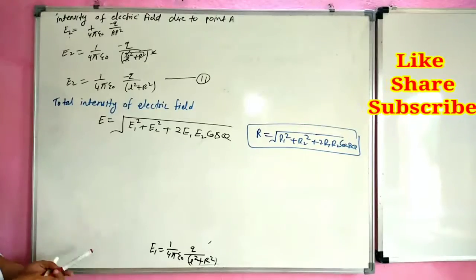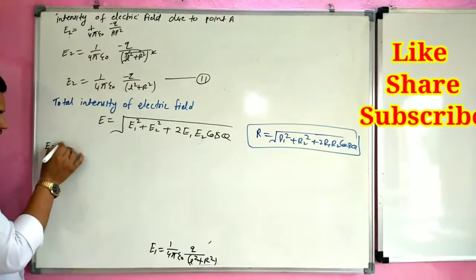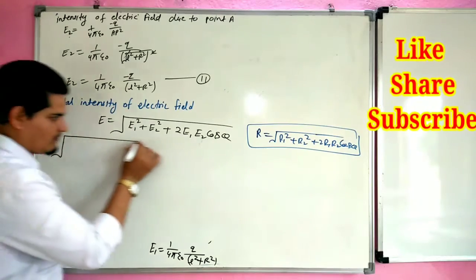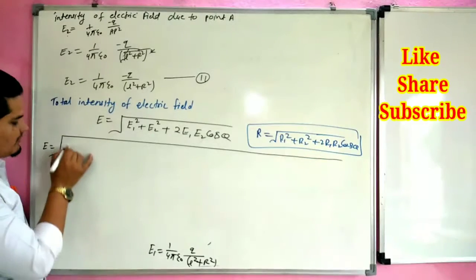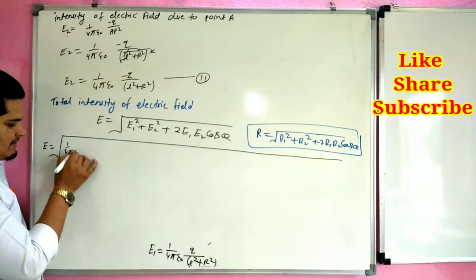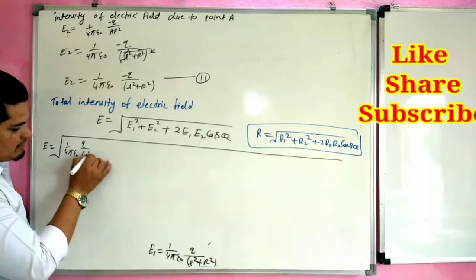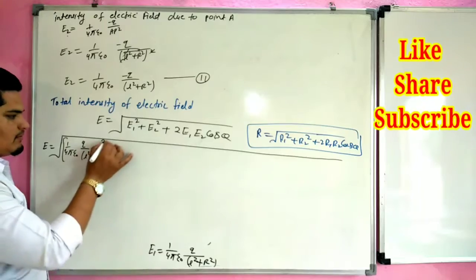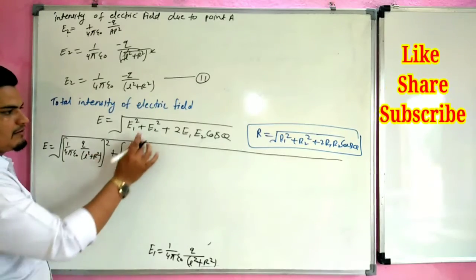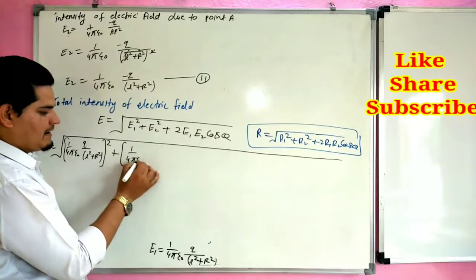Now we have to put in all the values. E1 equals 1 upon 4 pi epsilon naught Q upon L square plus r square, whole square, plus E2. What is the value of E2? 1 upon 4 pi epsilon naught Q upon L square plus r square, whole square.